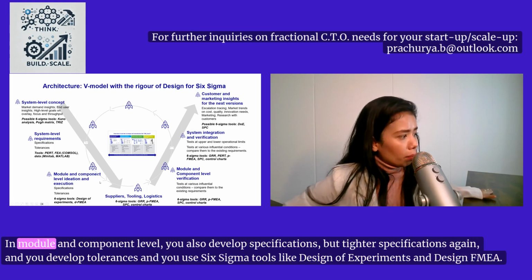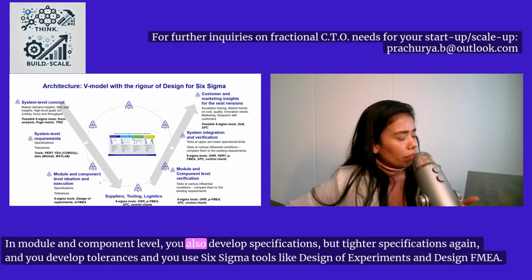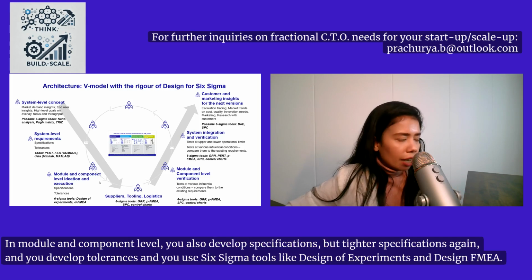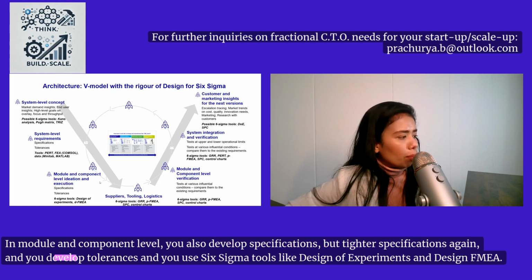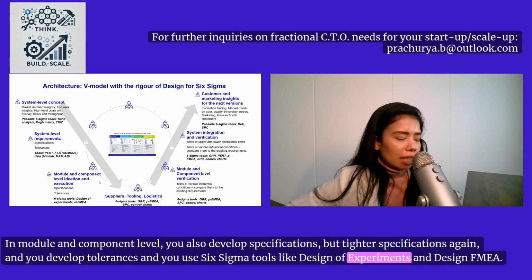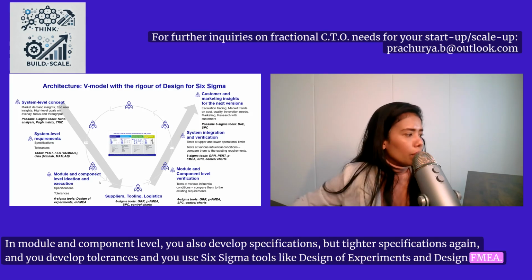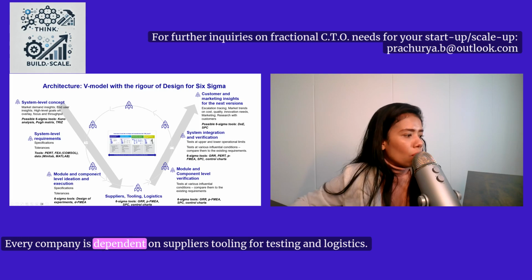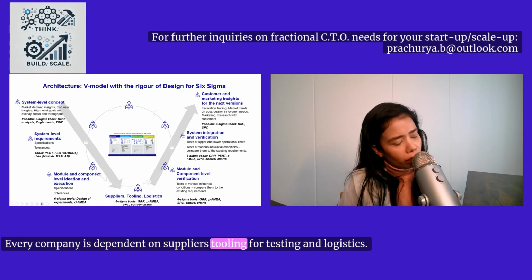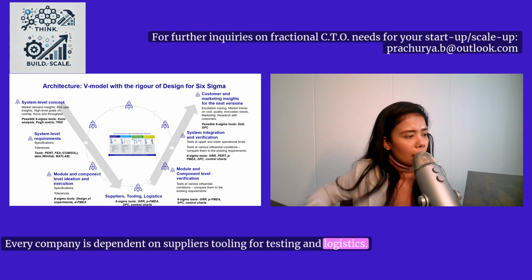In module and component level, you also develop specifications, but tighter specifications again, and you develop tolerances, and you use Six Sigma tools like design of experiments and design FMEA. Every company is dependent on suppliers, tooling for testing, and logistics.